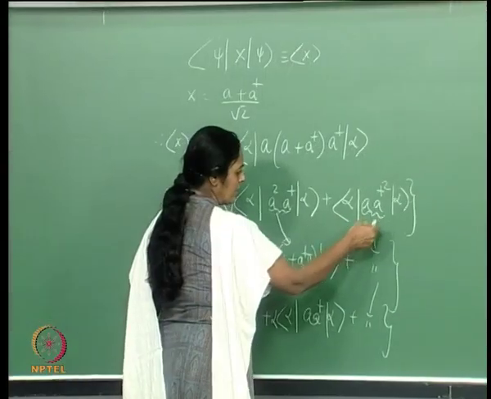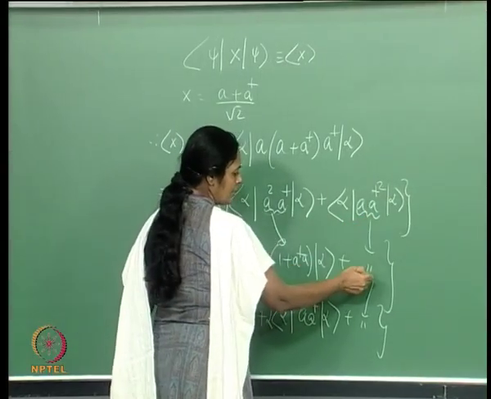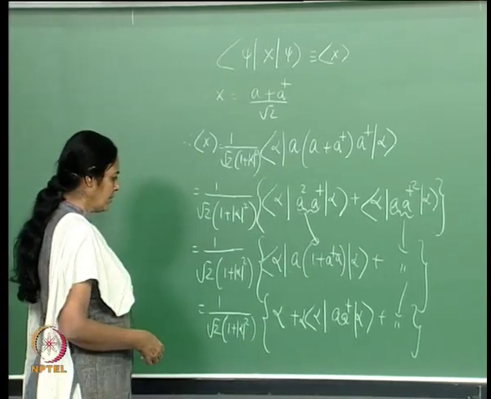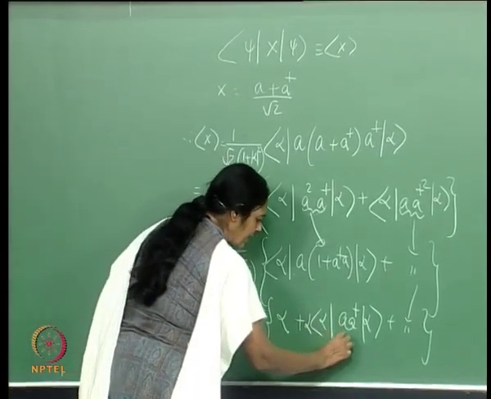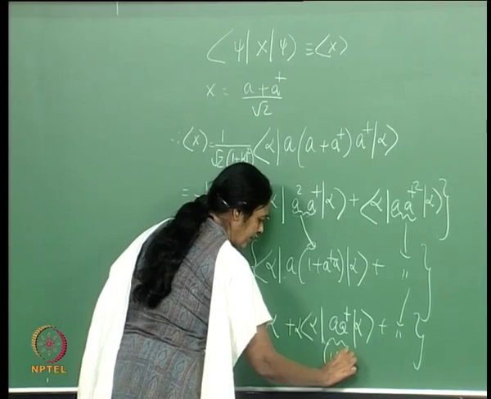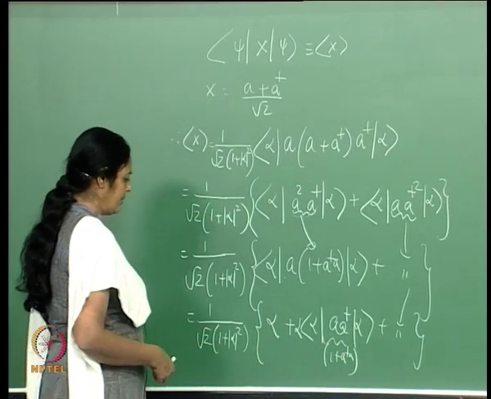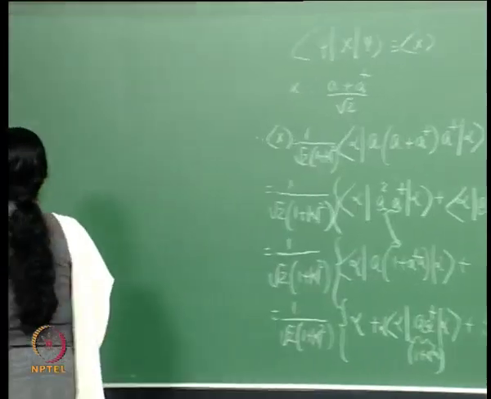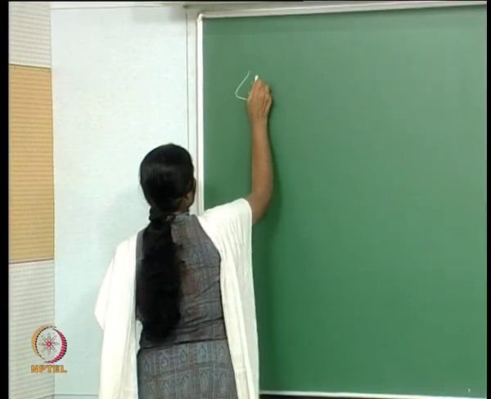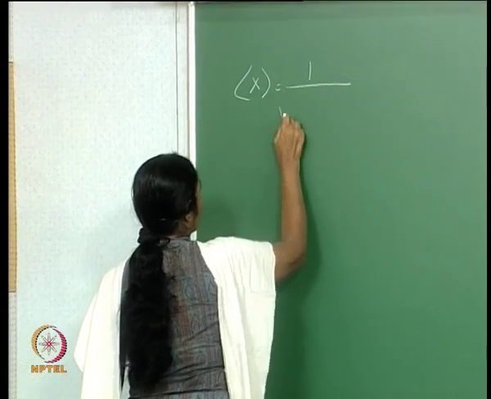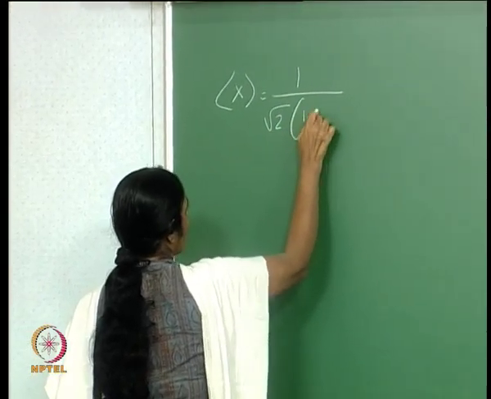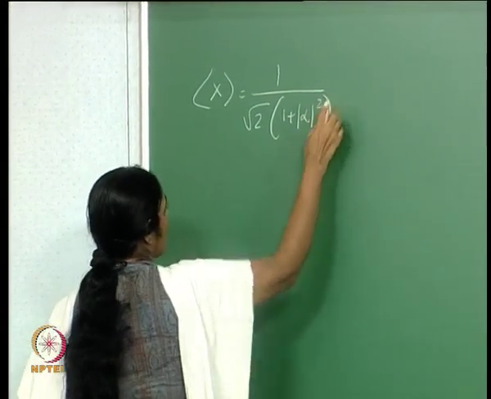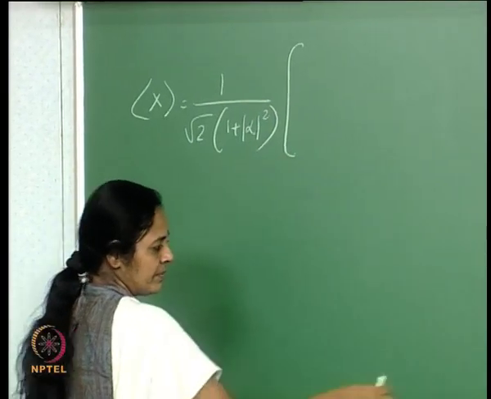By this, I mean just take down this term and put it there. Again, I write A A dagger as 1 plus A dagger A. And now I know what is happening. This expectation value therefore becomes 1 by root 2 times 1 plus mod alpha squared.